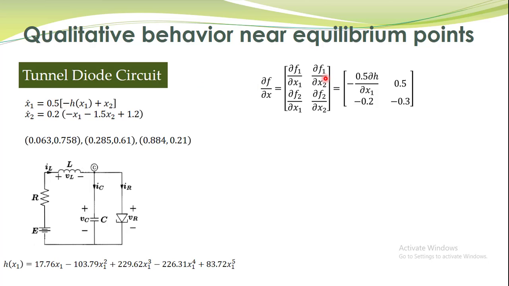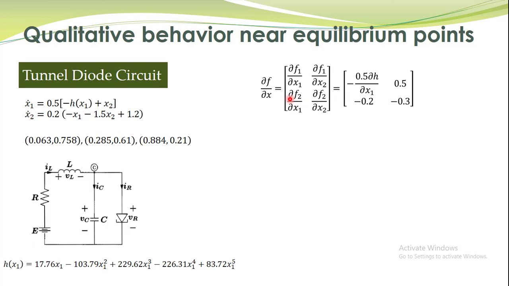Then partial derivative of f1 with respect to x2. The partial derivative of h of x1 with respect to x2 is 0, because it is only a function of x1. The partial derivative of this term with respect to x2 is 1, and 1 multiplied by 0.5 is written over here.